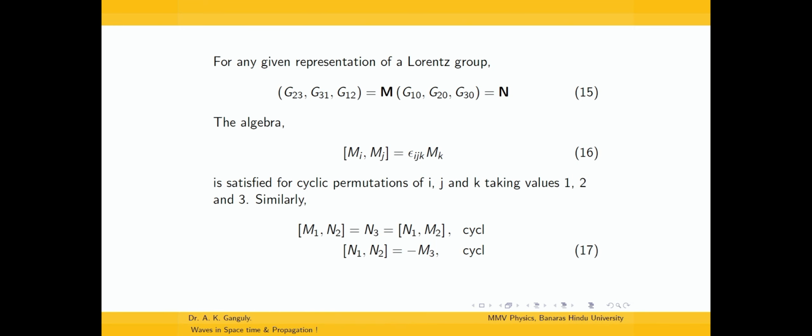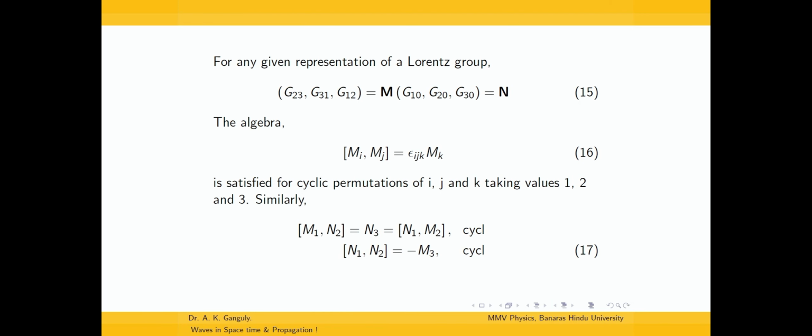So, for instance, if we take a rotation along the first axis and then a boost along the second axis and reverse their order and take the difference, it turns out to be identical to a boost in the third direction.